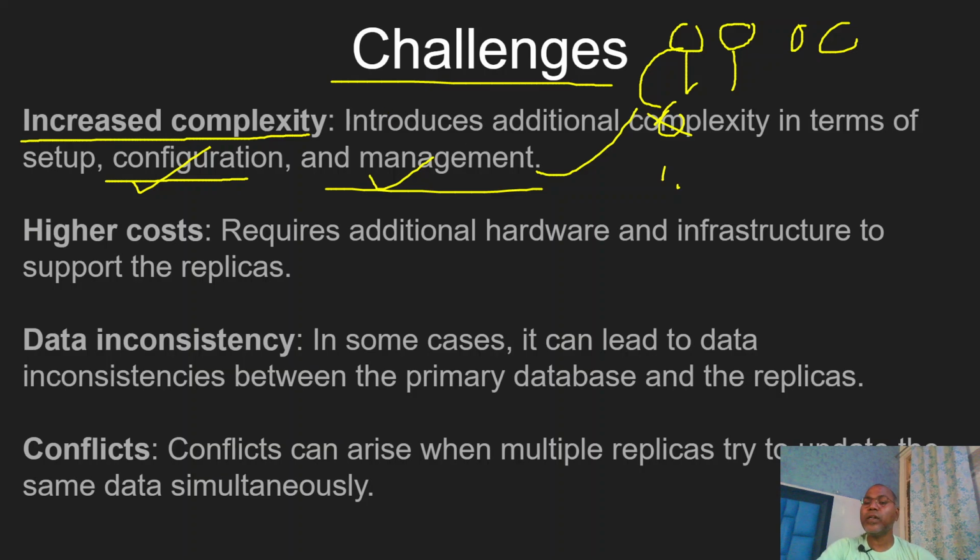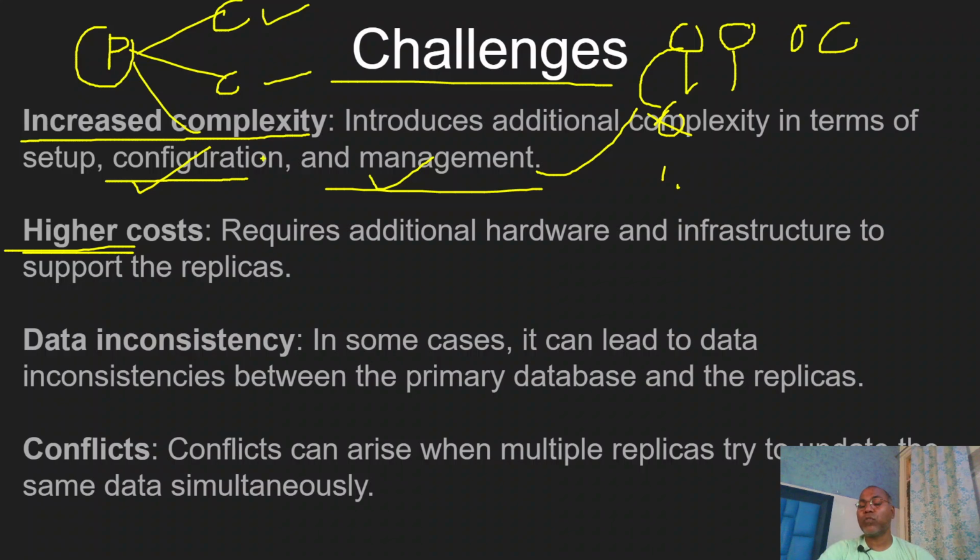And whenever you keep the same data in multiple places, you increase your cost, because the same data you put in 3 or 4 locations requires hardware, storage devices, and maintenance. So this requires additional hardware and infrastructure support for these replicas.